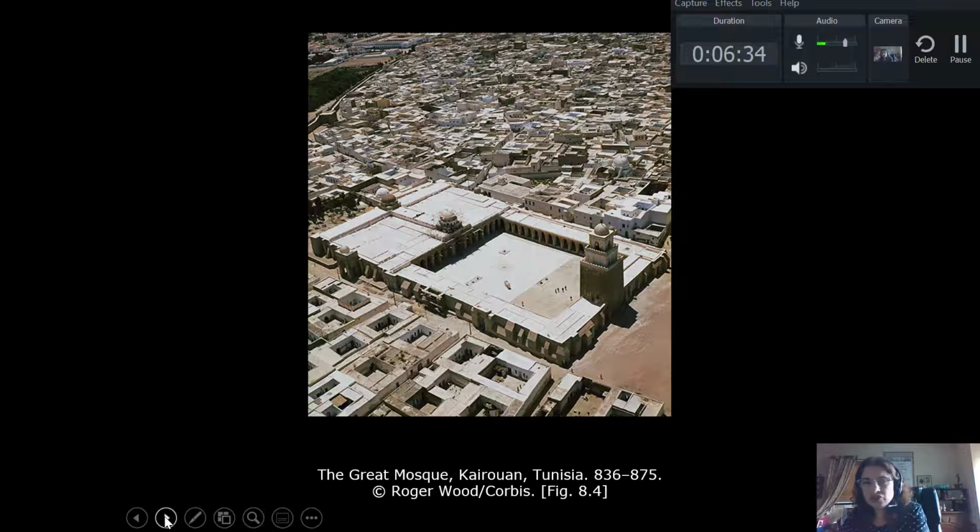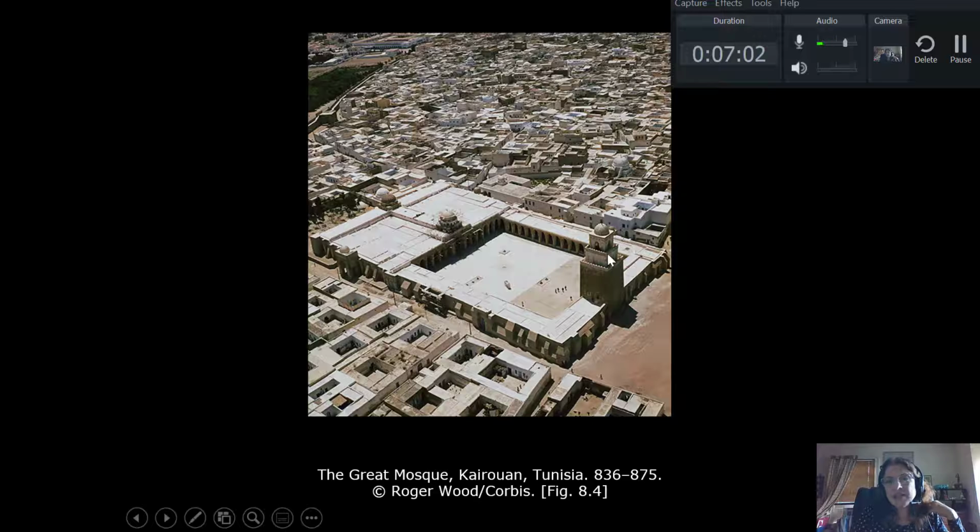So next I'm moving to Northern Africa, to Tunisia, and I'm showing you here one of the early mosques there. This is a mosque that's built then and really sets the groundwork for how mosques are going to be built moving forward, where we have this large courtyard.